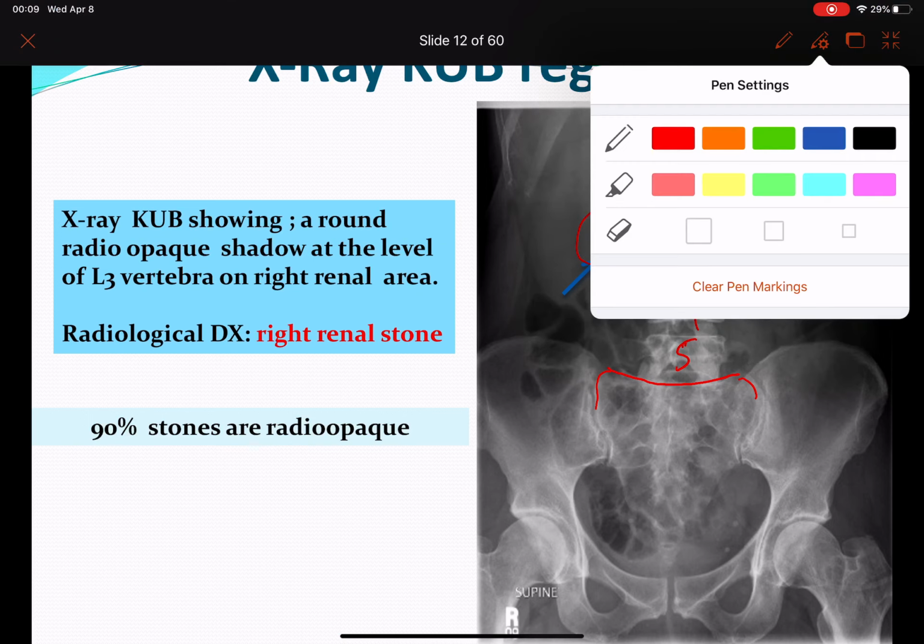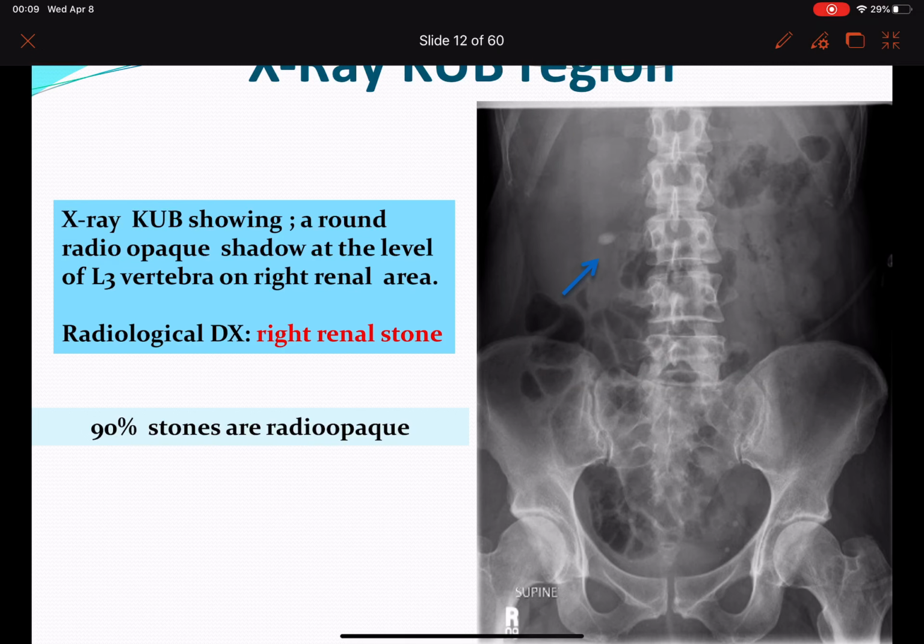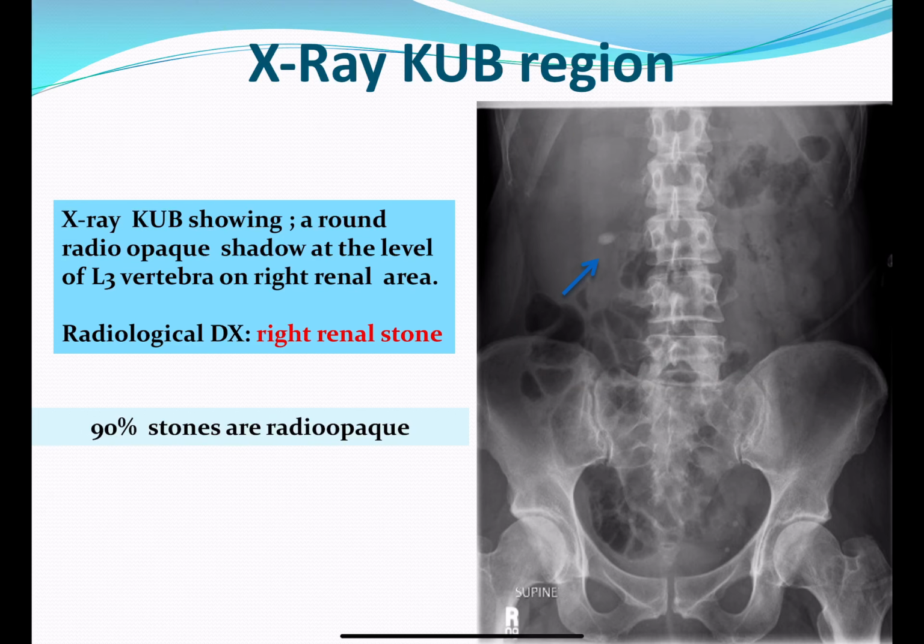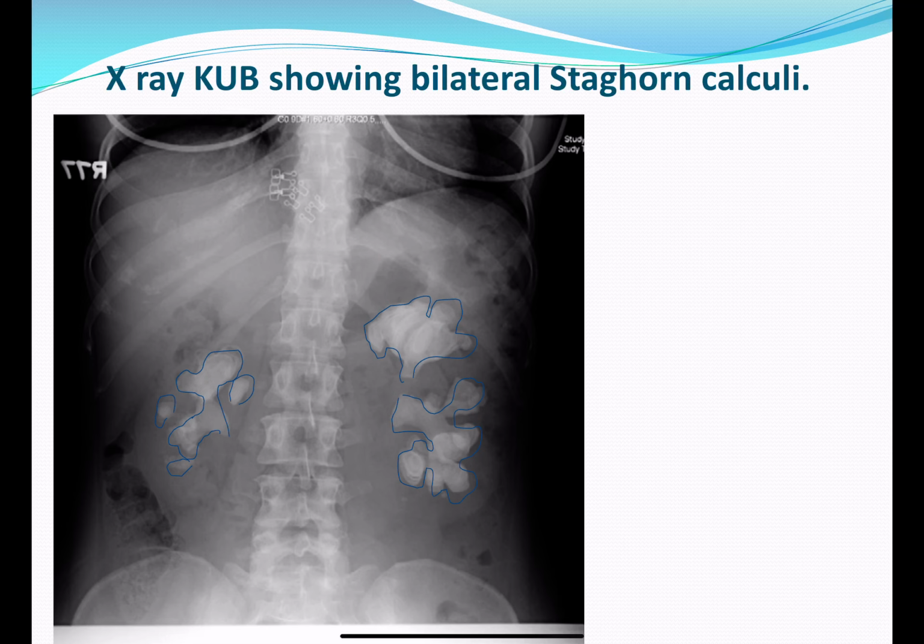Another investigation we can do is ultrasonogram. Let us see another picture. Can we get another image of an X-ray KUB? See, this is an X-ray KUB. What you can see here is a multiple branching radiopaque shadow extending from lumbar 1 to lumbar 4 vertebra on both sides, a huge one.